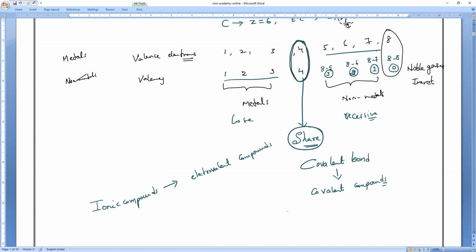And covalent bonds also have another name. Anything I have told you? Ionic compounds we can say electrovalent compounds. Covalent compounds, any name I have told you?